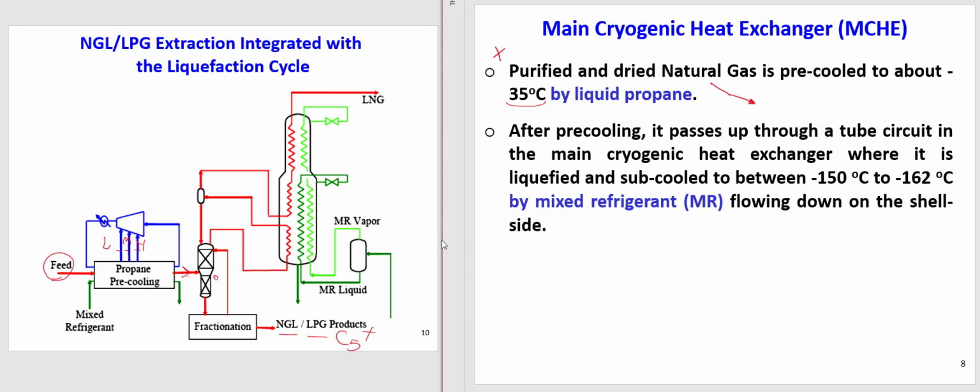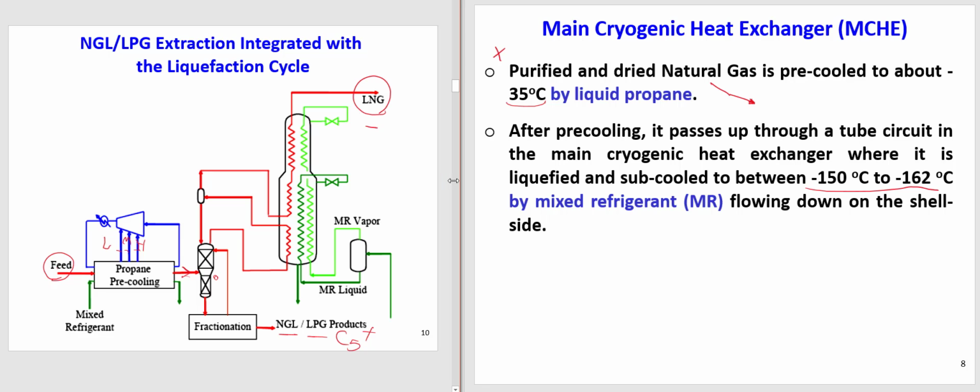There it will be liquefied and subcooled to a temperature between minus 150 and minus 162. So here it is minus 25, it goes through several steps, and at the end it will leave at minus 150 to minus 162 degrees C.